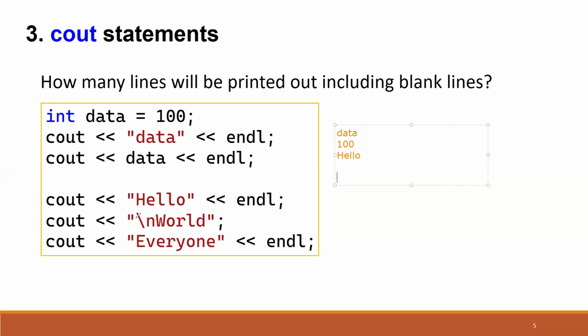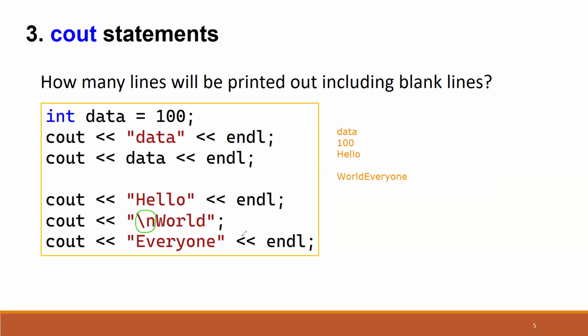So world will be here, and everyone is here, because there is no enter after world. And 1, 2, 3, 4, 5, and finally endl.